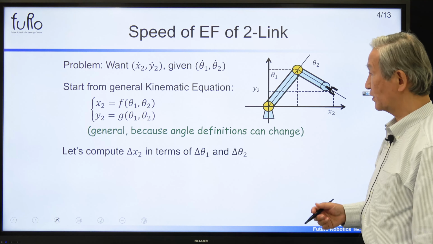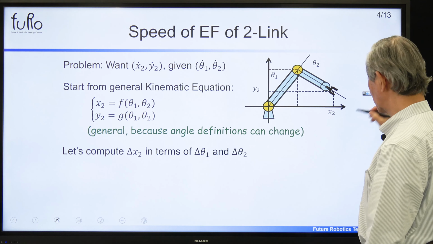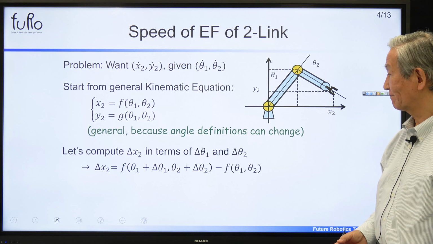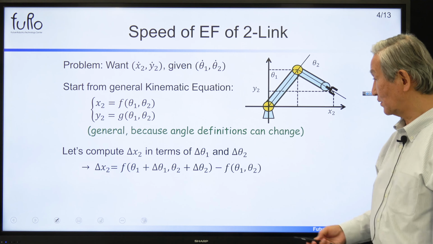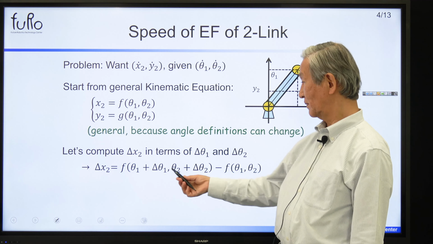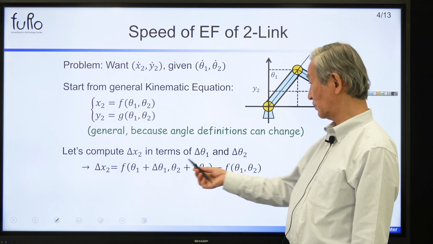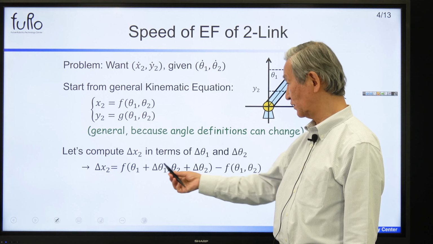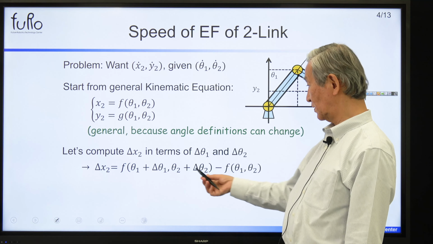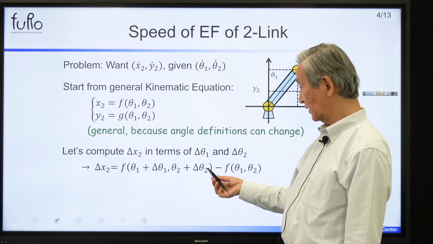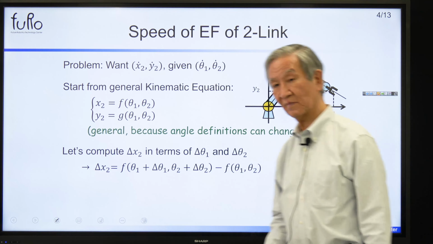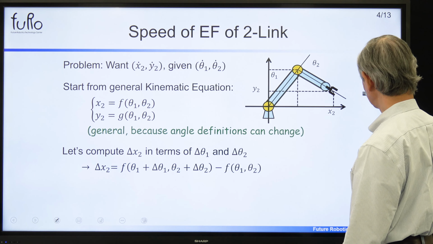Let's compute delta x2 first in terms of delta theta 1 and delta theta 2. So delta x2 by definition is from that to this. Theta 1 changes from theta 1 to theta 1 plus delta theta 1. Theta 2 from theta 2 to theta 2 plus delta theta 2. So from here to there, that's the difference in x2.